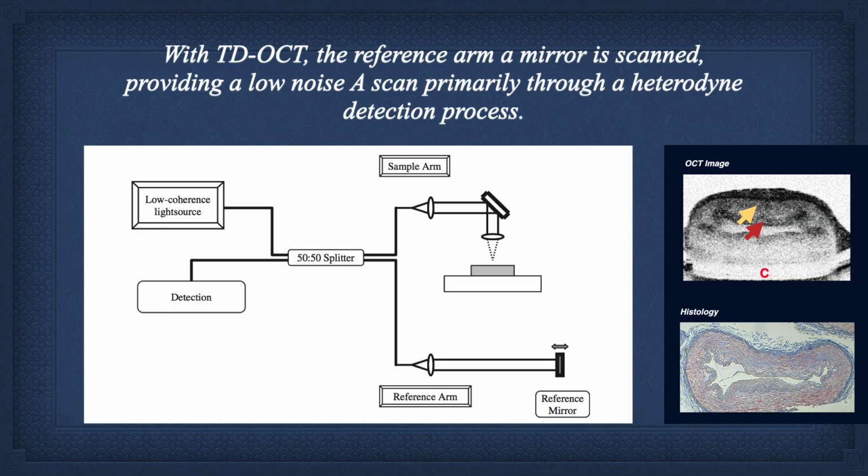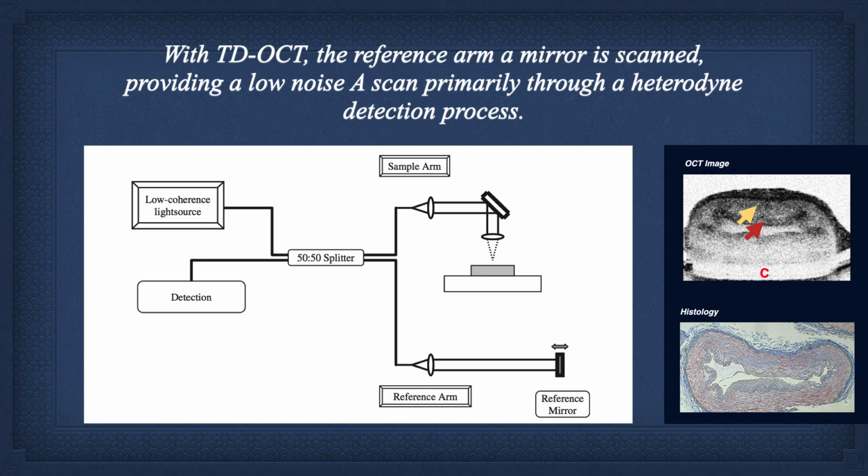There's tilting mirrors, there's stretching the path length with a piezoelectric crystal that expands and contracts, grating-based delay lines. There were more advanced designs, but the design work stopped when people started using swept source OCT.